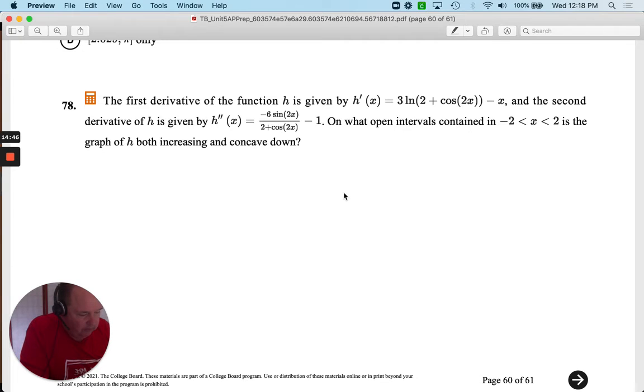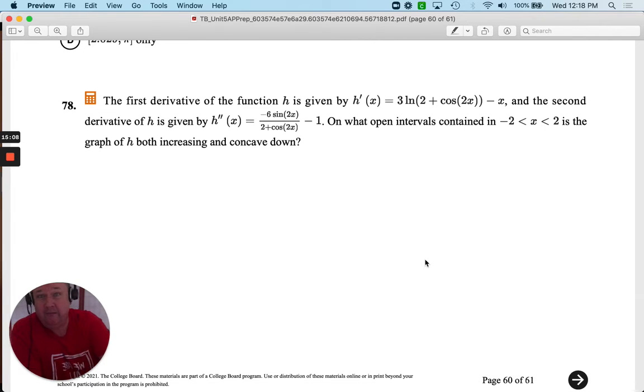I'll give you a moment. I'm typing it in too. Make sure I type it in correctly. 3 ln 2 plus cosine 2x subtract x.